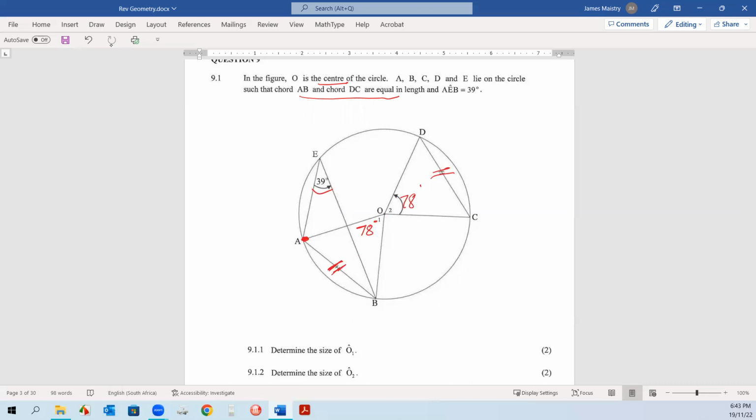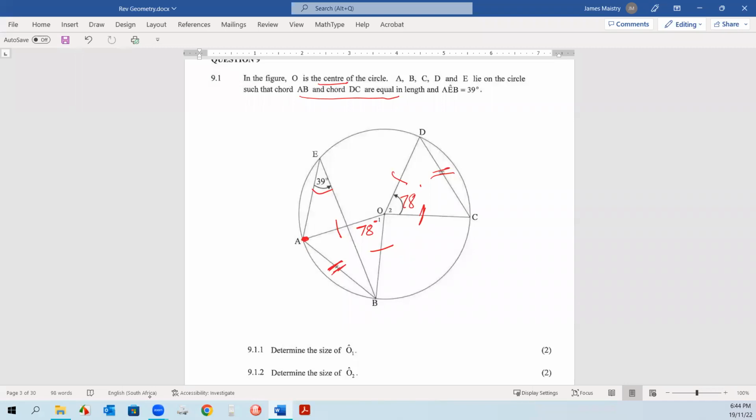They produce equal angles at the circumference, and they also produce equal angles at the center. I can actually prove it to you very quickly if you don't believe me. If you look at this, these are radii. And what do we have?